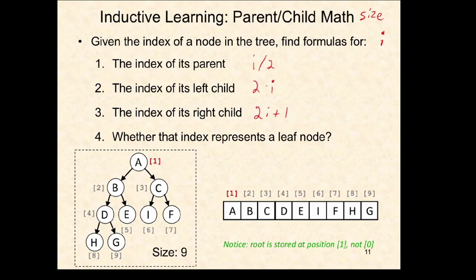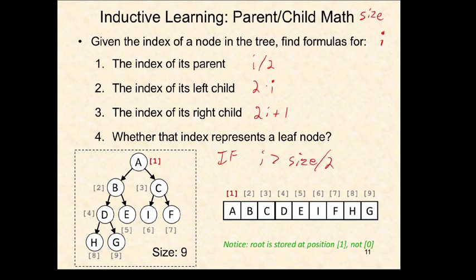We want to be careful though, because integer division could give us a wrong answer depending on which way we go. So if I say here, if I is greater than size divided by 2, then if that's true, that tells me I'm a leaf node. And this takes care of integer division.